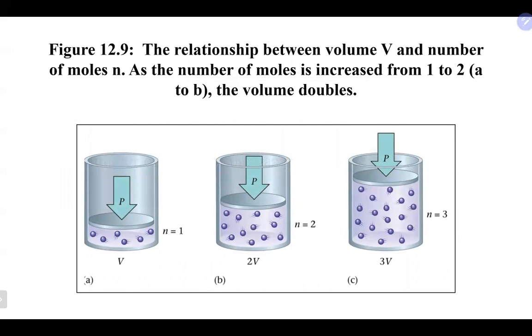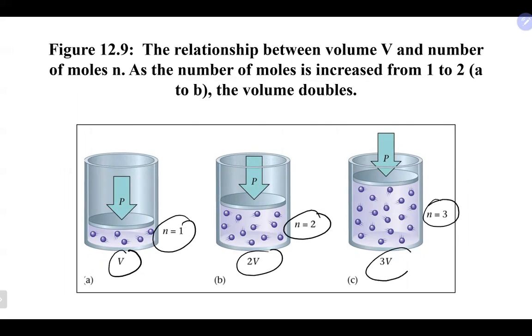Basically, we get 1 volume for 1 mole, 2 volumes for 2 moles, 3 volumes for 3 moles. So this allows us to do a volume to volume relationship as well, like a mole to mole relationship. We'll get into that a little bit later on.